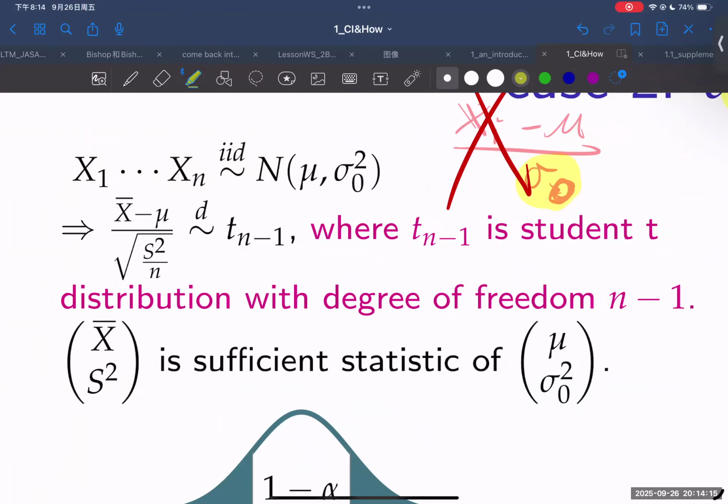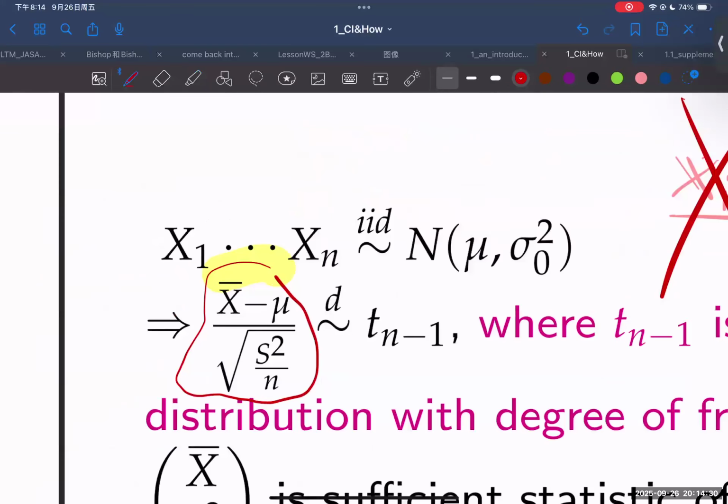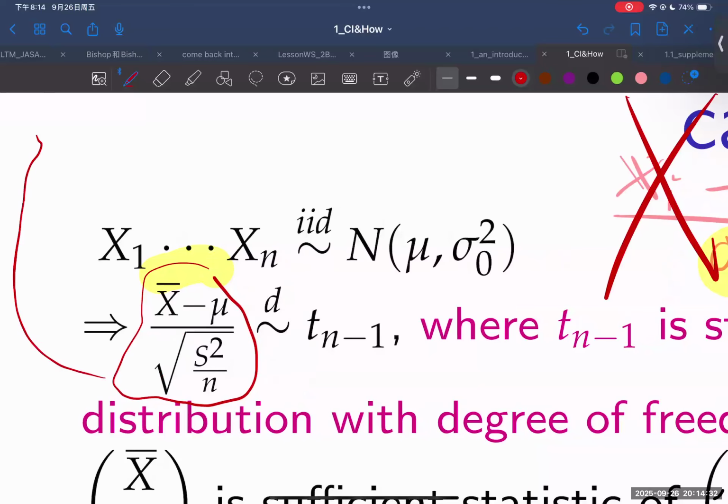So now sigma naught is unknown, you have to replace it by something else. By some derivation, for this x bar minus mu over sigma square over n, you actually can do something. I cannot remember clearly, but roughly in this way, and you can also refer to any traditional statistical inference book.